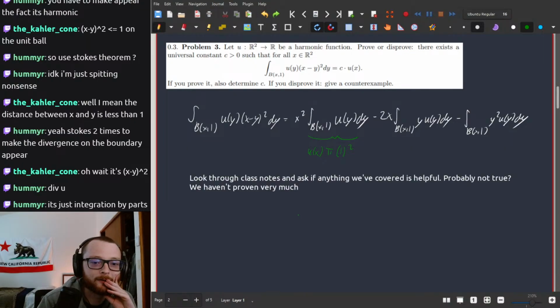Oh, wait. Integration by parts on this? That seems like an idea.